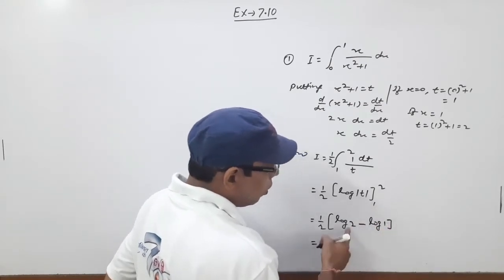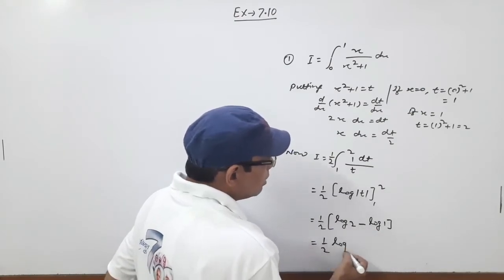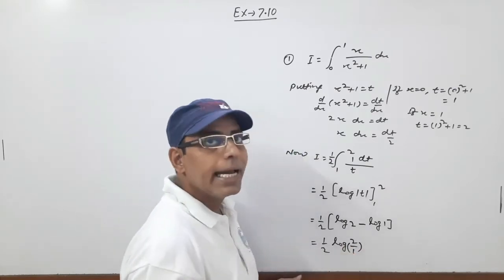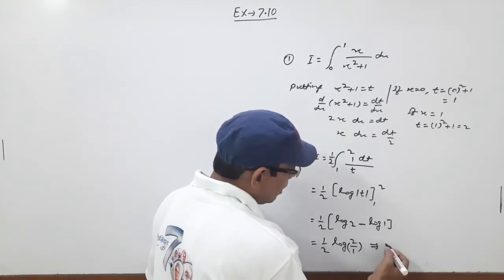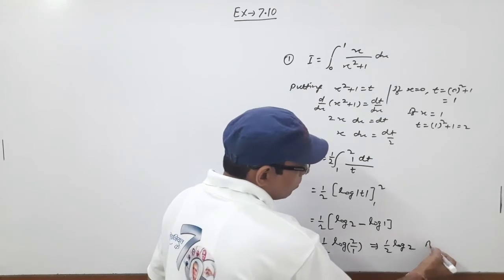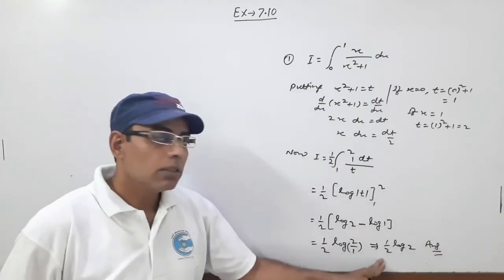Then we have log 2 minus log 1. We can write this as log 2 upon 1 by using the formula log m minus log n equal to log m upon n. Now we have 1 by 2 log 2. It's the answer of this question.